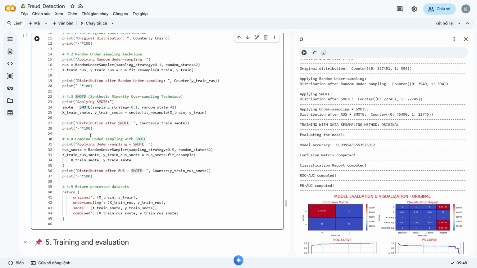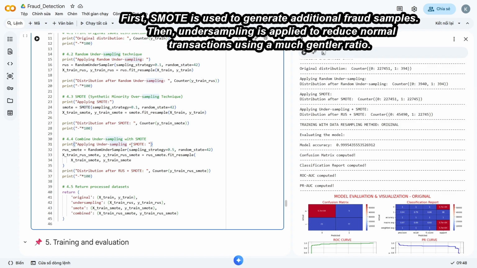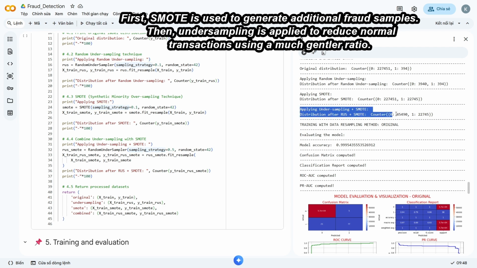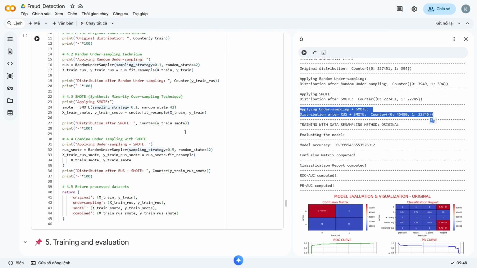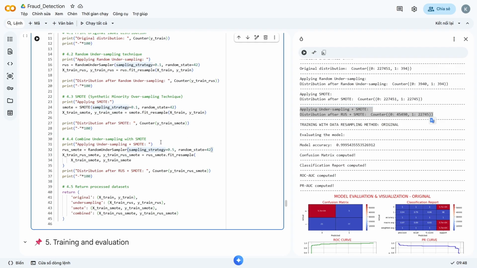And that leads to the third approach, which tries to get the best of both worlds. It's the combined approach. Undersampling plus SMOTE. Exactly. So first they generate more fraud examples, and then they apply undersampling to reduce the number of normal transactions, but they use a much gentler ratio. The idea is to get the benefit of those synthetic points while also reducing the overwhelming noise from the majority class.